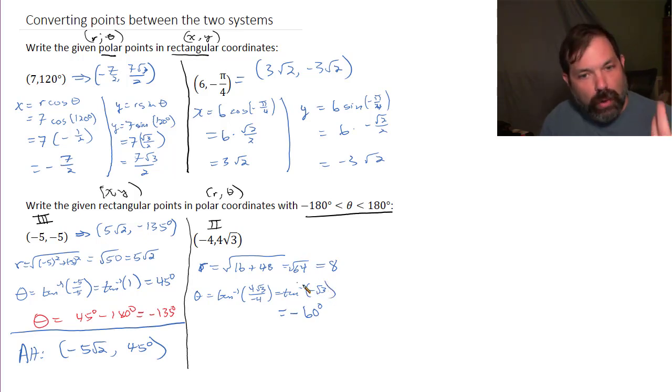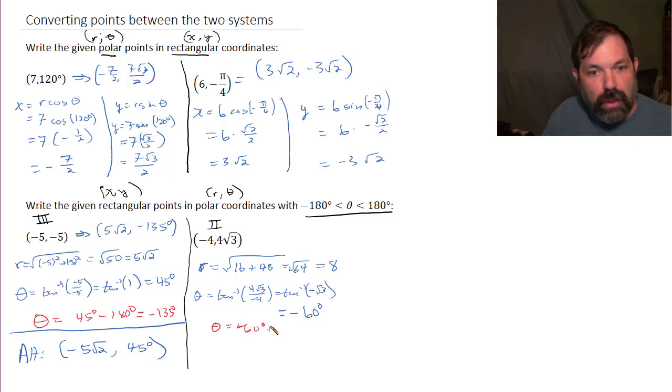So I again have two options. I either adjust the theta. So to adjust the theta to get me into quadrant 2, I would have theta is negative 60 degrees plus 180 degrees. And so then that would be 120 degrees. So option 1, I can write this as the polar coordinate 8, 120 degrees.